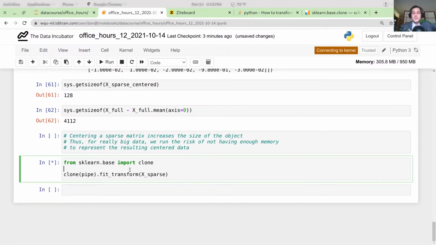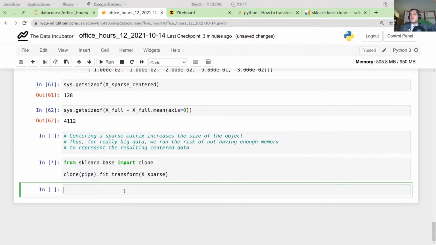It's doing something. An error hasn't been raised yet. I thought an error would have been raised, but it's taken a long time. So we have issues if we try to apply PCA on a sparse matrix.